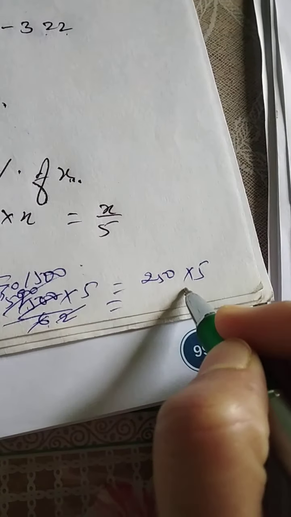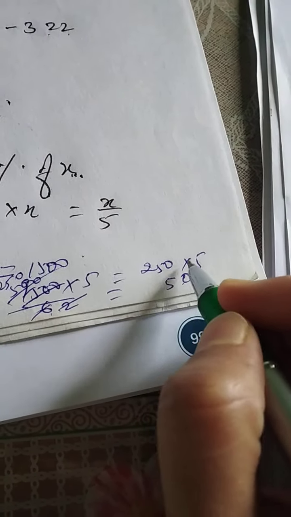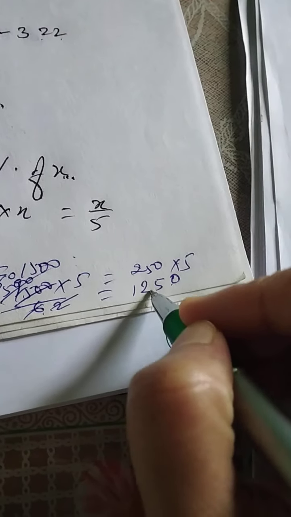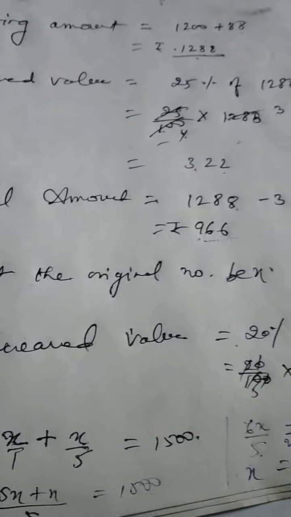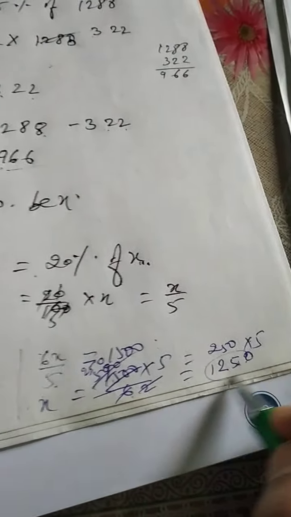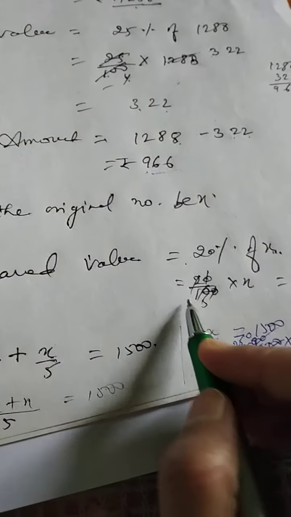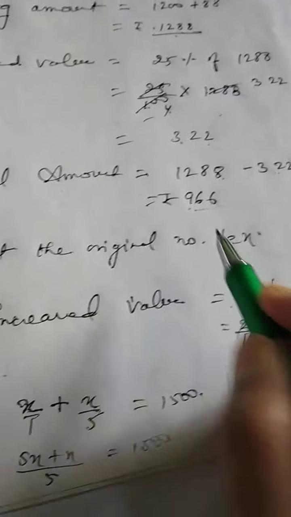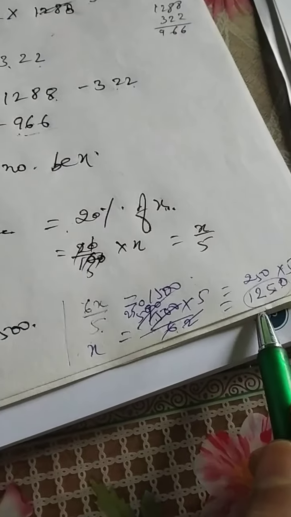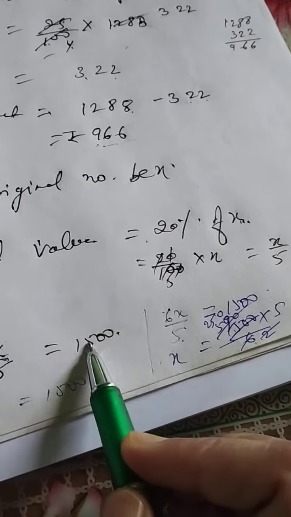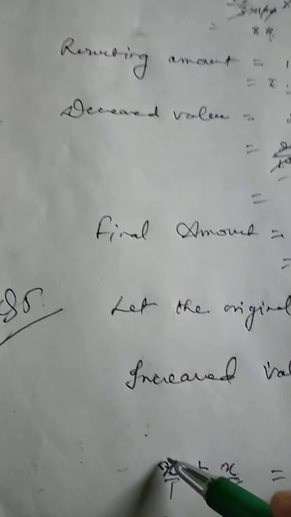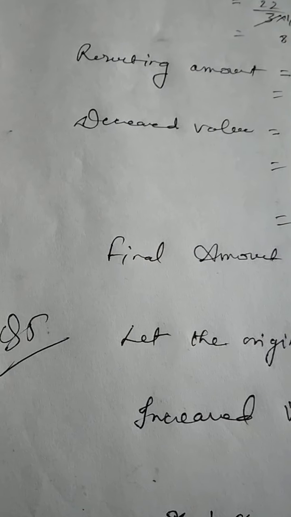Multiply it. 5 zeros are 0, 5 5s are 25, 5 2s are 10, 11, 12. 1250 is the original number, okay, because it's 20% increased and then the value became 1500. Before it was 1250. Now increased value is this. Got it, students? This is the process you have to do in this manner only.